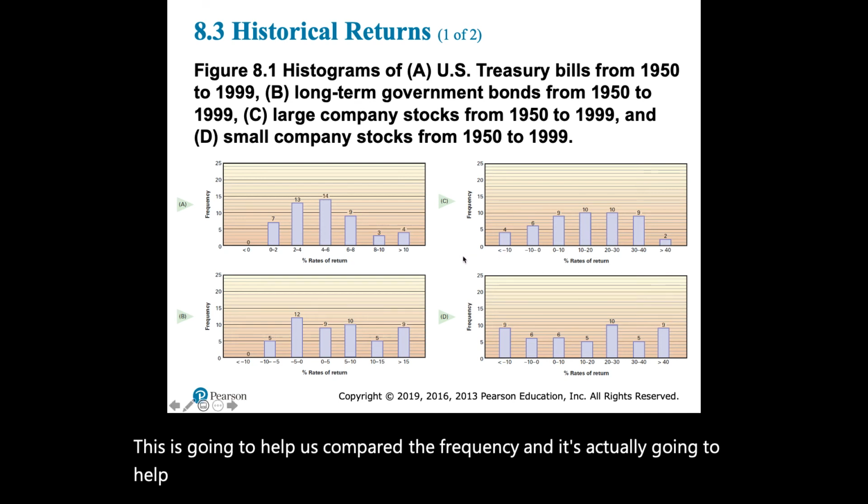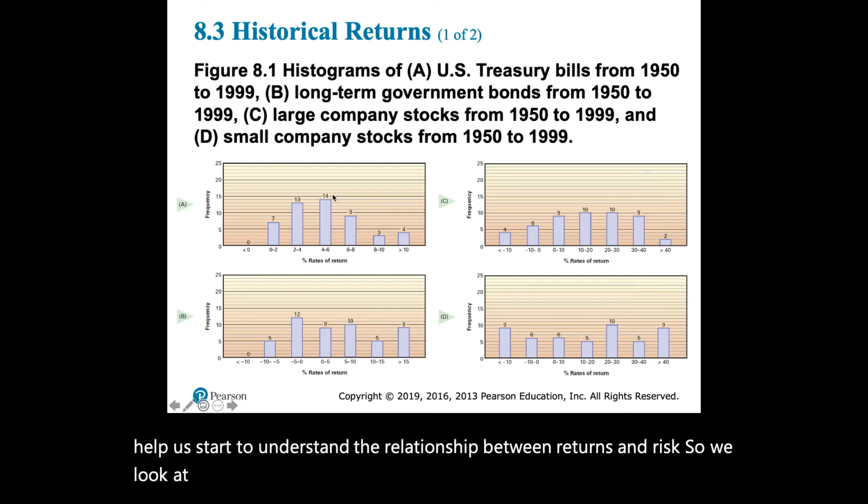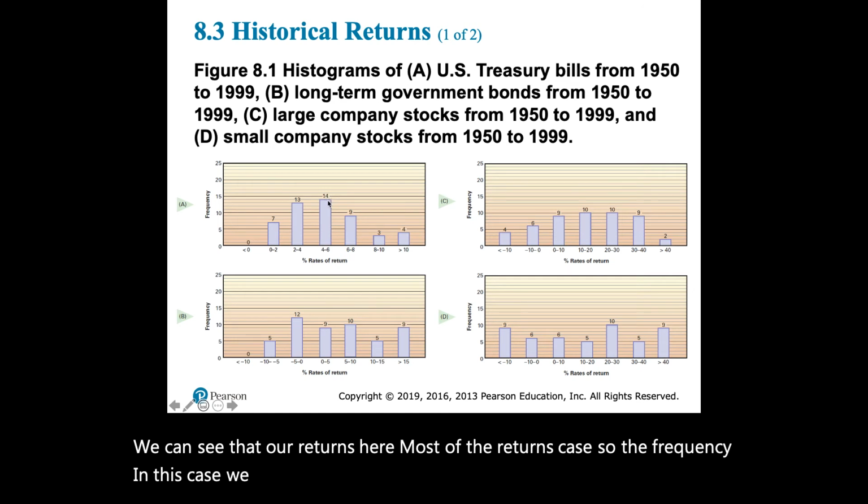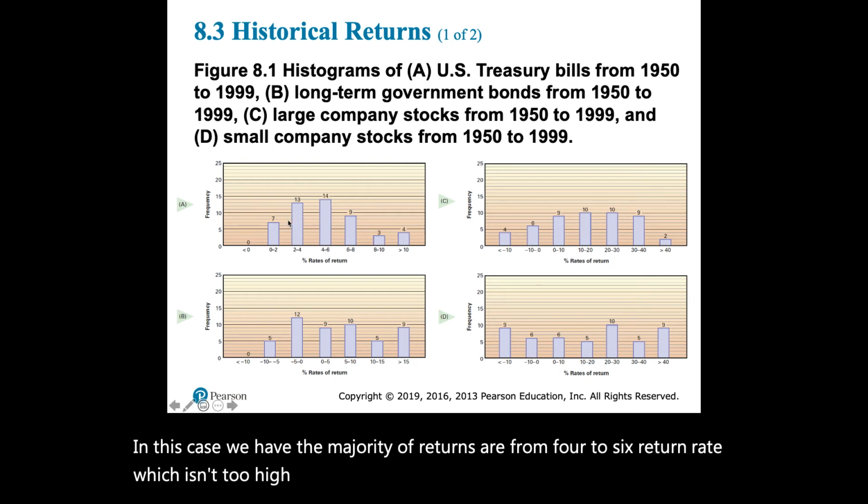If we look at our treasury bills, we can see that most of the returns, the frequency, the majority of returns are at a 4 to 6 return rate, which isn't too high, but it's the most consistent. And you can see it's less spread around the mean here.